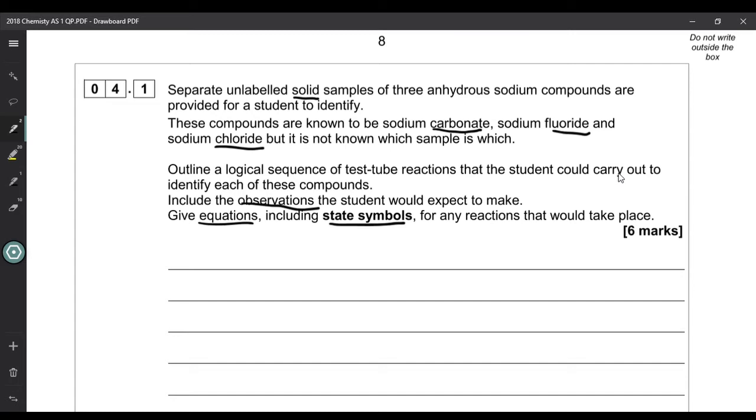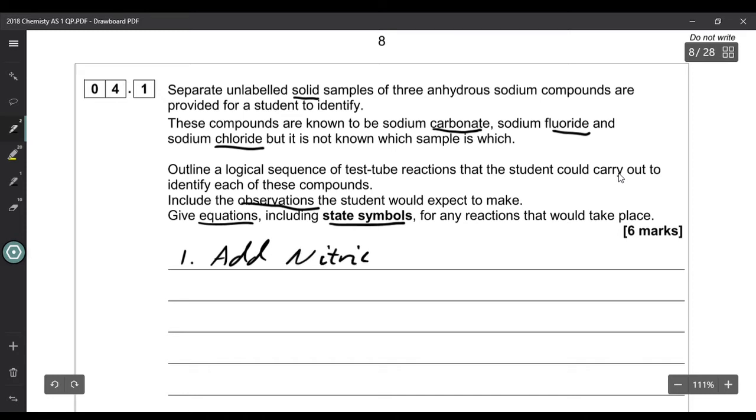So it says outline a logical sequence. The first thing that we're going to do is add nitric acid to all three. Then the next thing we're going to do is add water, so we can make them into a solution.